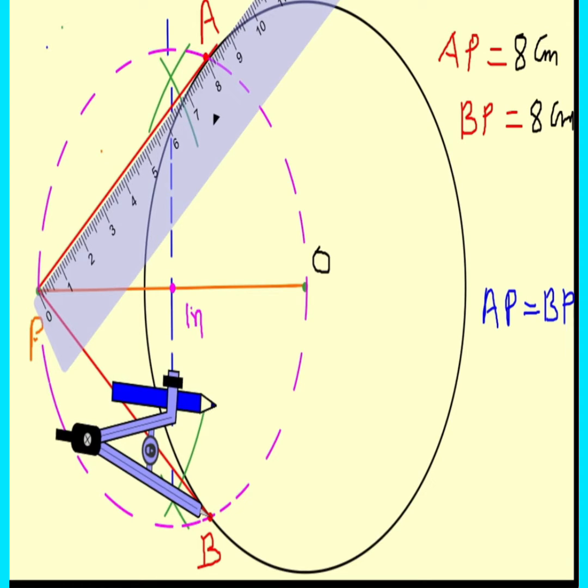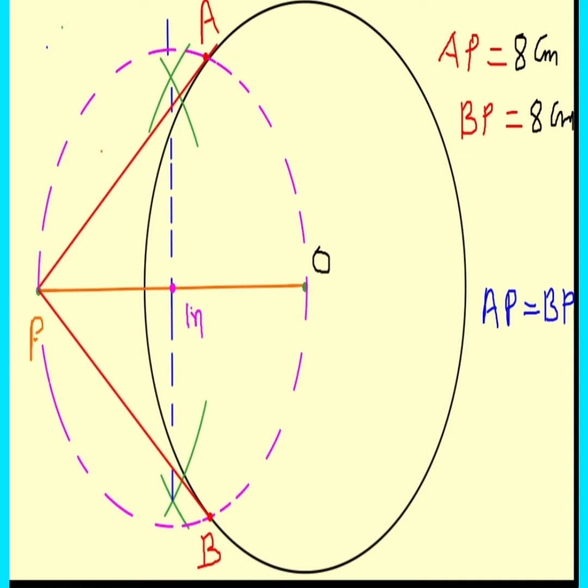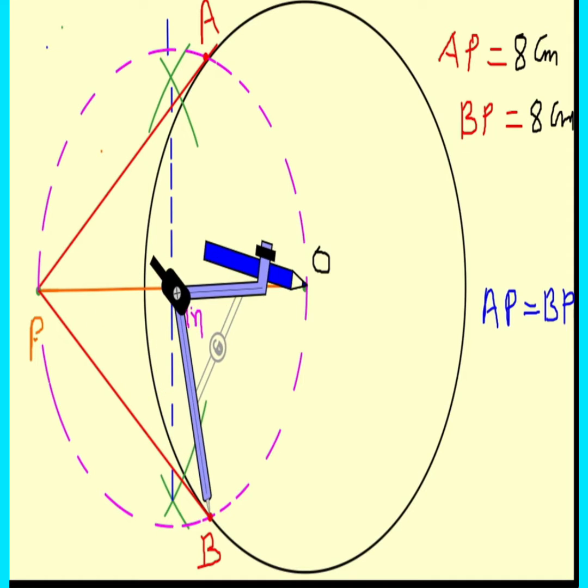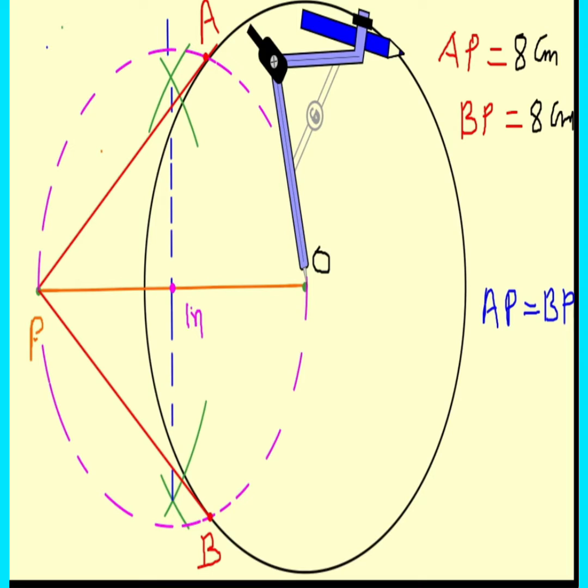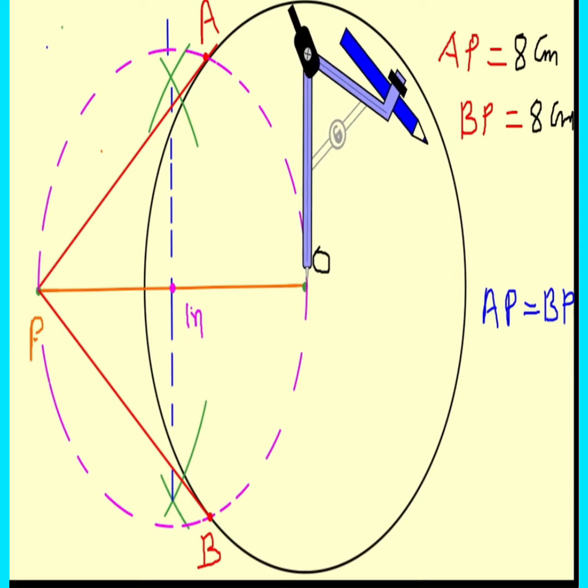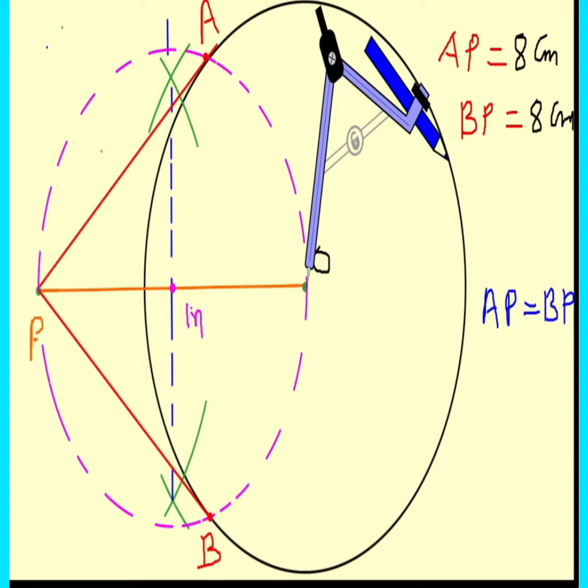So dear, this is the construction, that is the most important question. So what is the process? Once again you can see here. First of all, you will take the compass and place it anywhere on your page, take a distance of 6 centimeter in your compass and draw this type of circle.